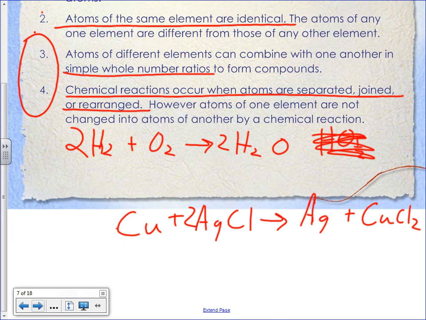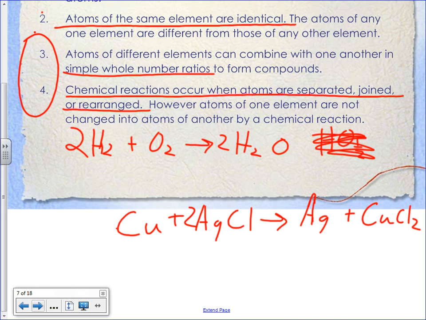What I'm showing you here is a chemical reaction between copper and silver chloride. If I put these two things together, over the course of a few hours, the copper will start to turn silver because of the chemical reaction that's going on. The silver and the copper are switching places.